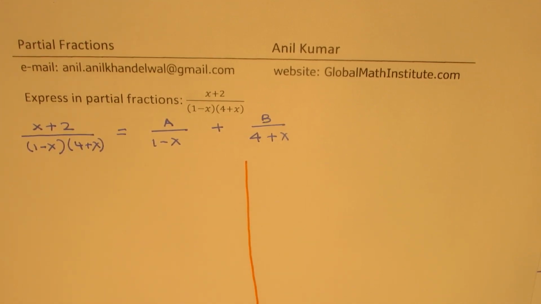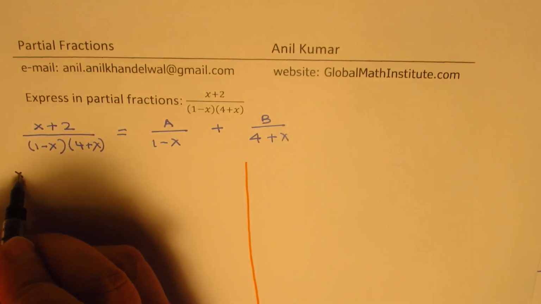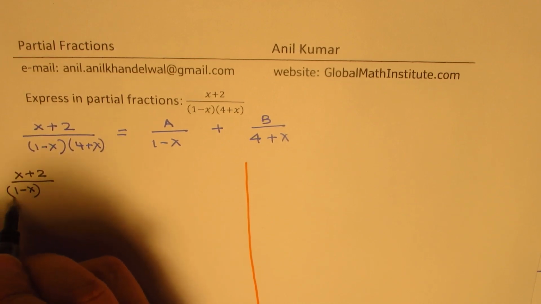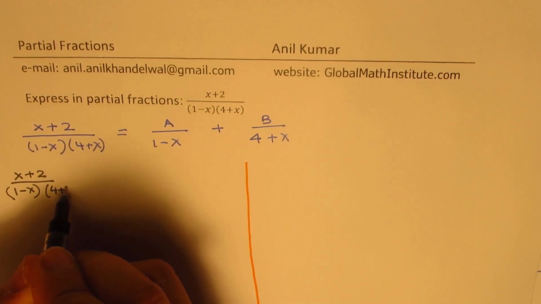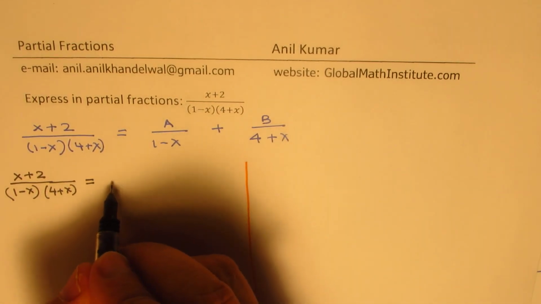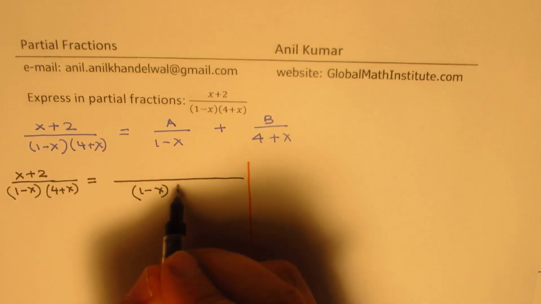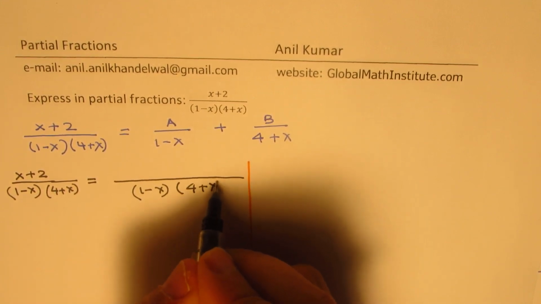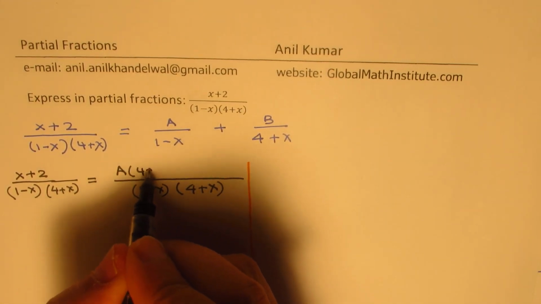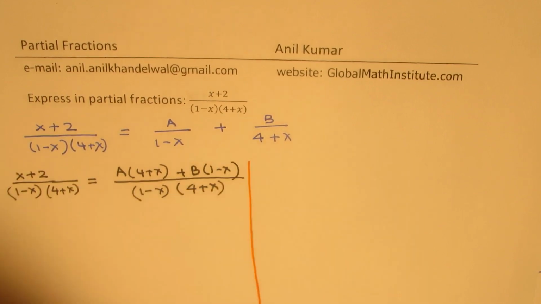One way is that we just cross multiply and we can rewrite this as x plus 2 over 1 minus x times 4 plus x equal to, when we take a common denominator, 1 minus x times 4 plus x. So the denominators are the same. In the numerator, we get a times 4 plus x plus b times 1 minus x.